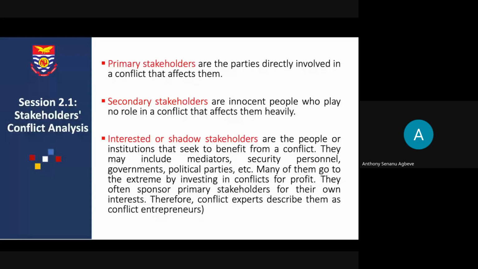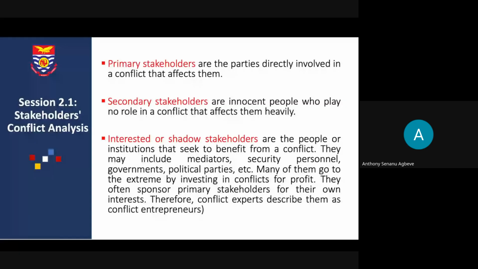For example, you have a police officer who has been sent from Accra to go and engage in some patrol duties within this conflicting community, and that person is not even an indigene of any of the two communities, but he or she becomes a target and is killed. That person becomes a secondary stakeholder.